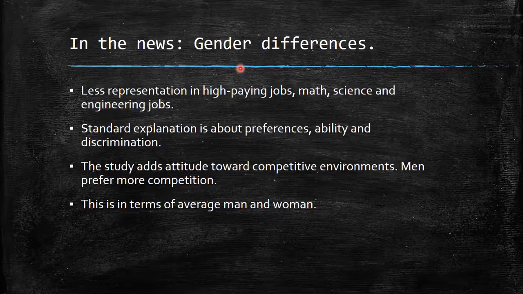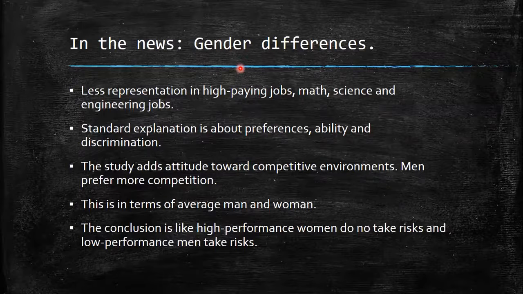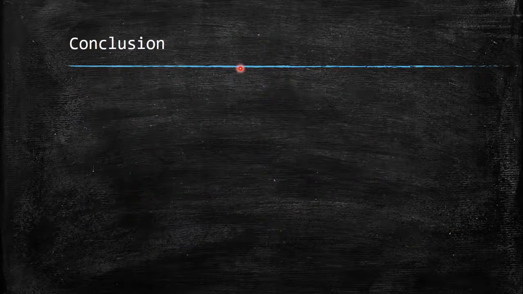It doesn't mean that all men take more risk than women, but on average. And then the conclusion is like high performance women do not take risk, but low performance men do. So this is a really important fact. So maybe some psychological, inherent characteristic can explain in some way the wages sometimes.